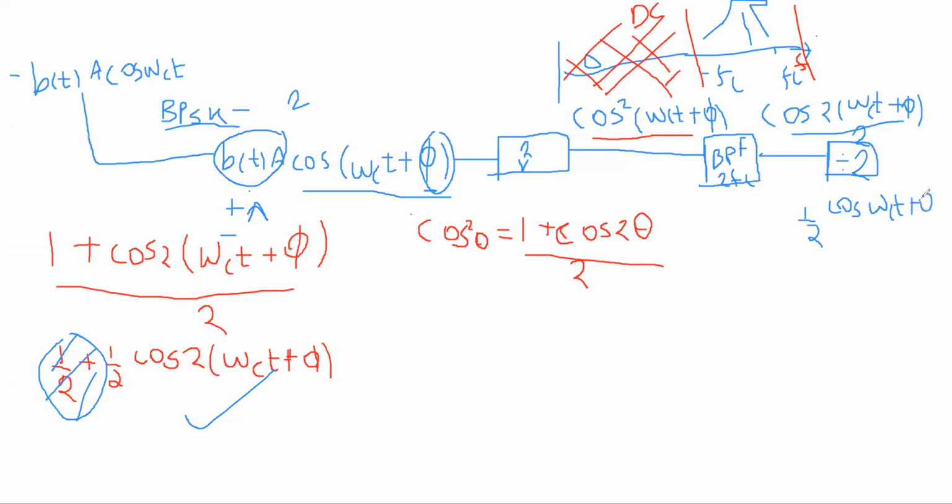It is only omega ct plus phi. So what it has done is it has removed this 2 component. If you see, it has divided this frequency, right? So it has removed this 2 component from the input signal. Okay, so that is the use of your frequency divider.